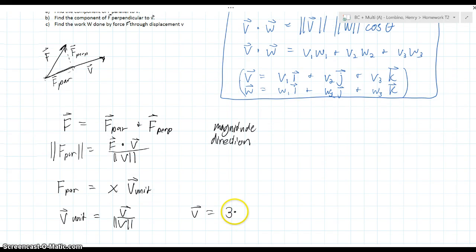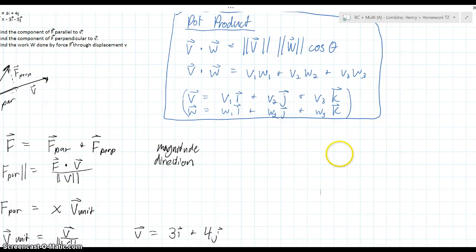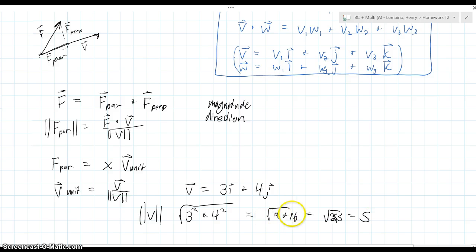To find the magnitude, we do the square root of 3 squared plus 4 squared, which is the square root of 9 plus 16, which is the square root of 25, which equals 5.